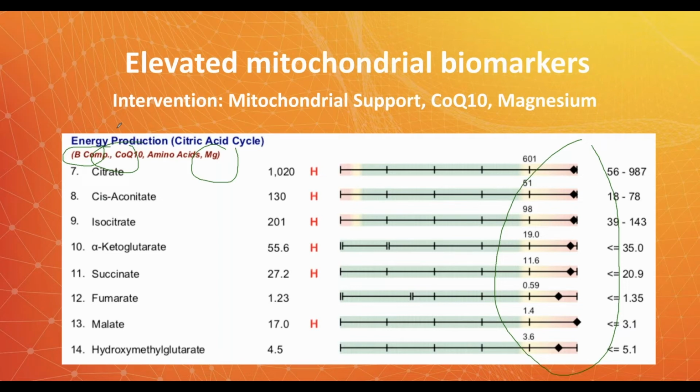They're just going to be happier, nicer human beings because they're making cellular energy properly. The three big ones for mitochondria are CoQ10, magnesium, and B vitamins. Those are super important, and oxygen is pretty important too.